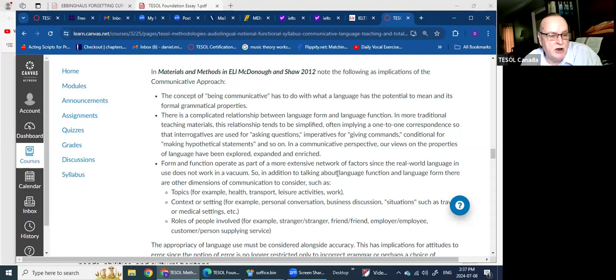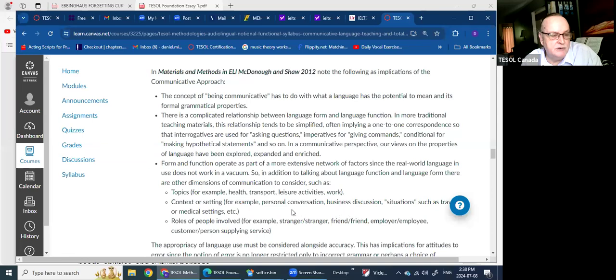So in addition to talking about language function and language form, there are other dimensions of communication to consider, such as topics, for example, health, transport, leisure activities, and work.